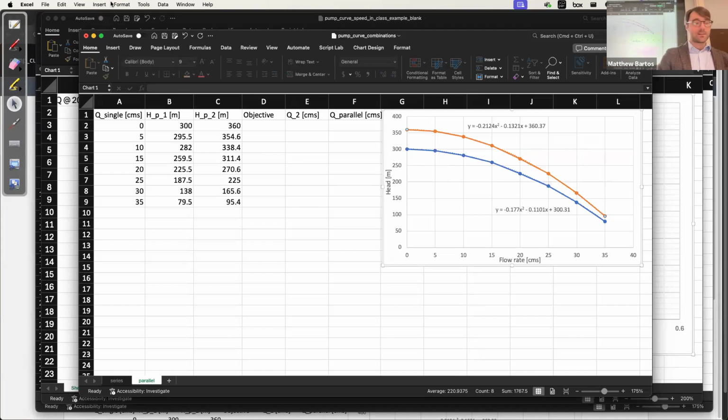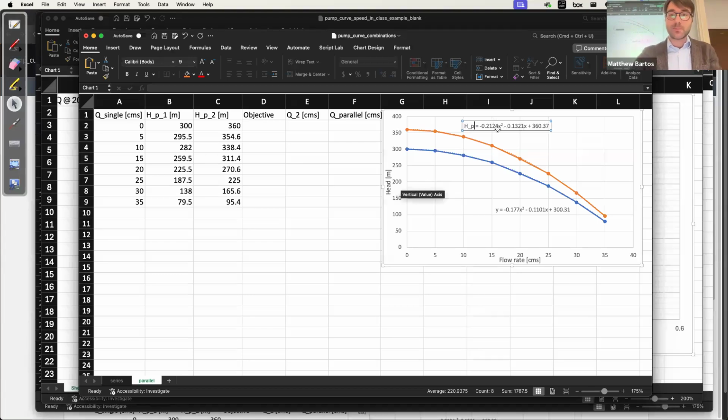So we can do that by using our lines of best fit. So that's the approach we're going to take. The first thing we're going to do is define a function for our second pump curve. And then basically we're going to give it a known value of the pump head.